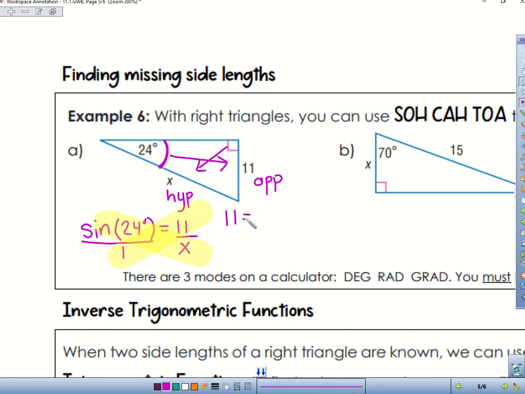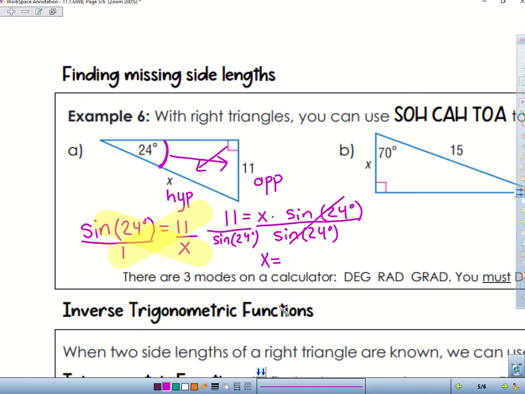That gives me 11 equals x times sine of 24. And how would I then solve for x? Divide by sine of 24, right? That gives me x equals.